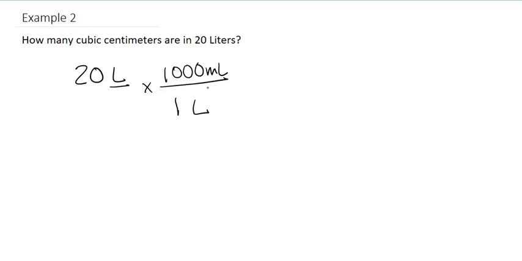So now the next one is we need to know that 1 milliliter is equal to 1 cubic centimeter, which is cc. So now we can cross out our units, and we're left with cc, which means that we did this right for setting up our conversions. Next, we multiply. So we would go 20 times 1,000 times 1.